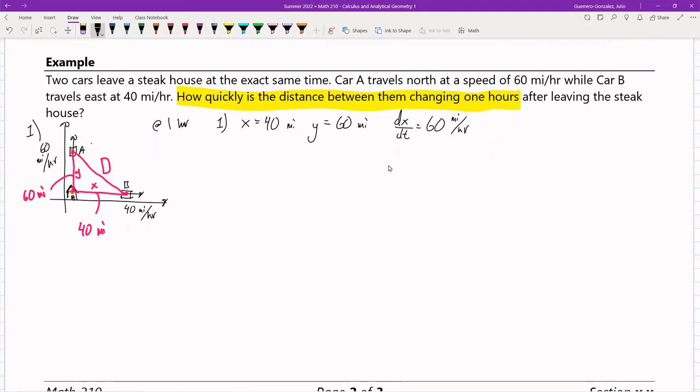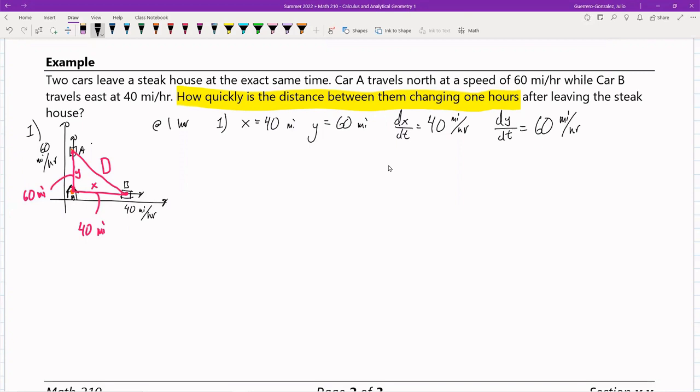And we have dy over dt, the rate of change for car A. Did I mix them up already? Yes, I did, my bad. So dx over dt is going to be 40, and dy over dt is going to be 60 miles per hour.